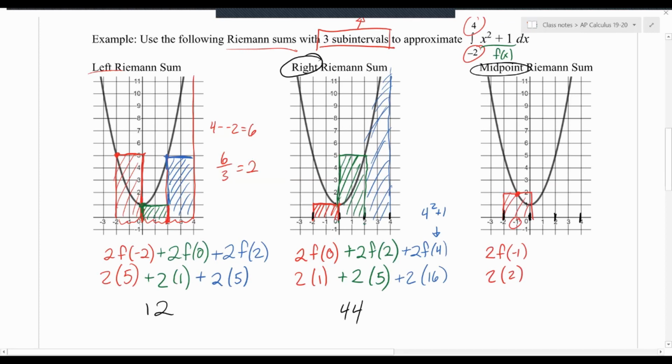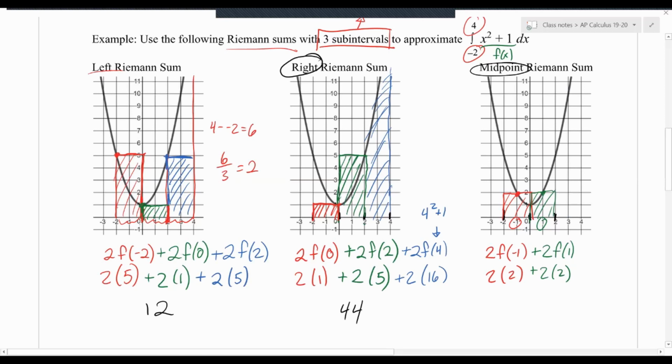In our second rectangle, what is the midpoint? The midpoint is 1. So we're going to use that as our height for our rectangle. So we have the base times the height, and this rectangle is also 2 times 2 for the area. So for my last interval, what is the midpoint?